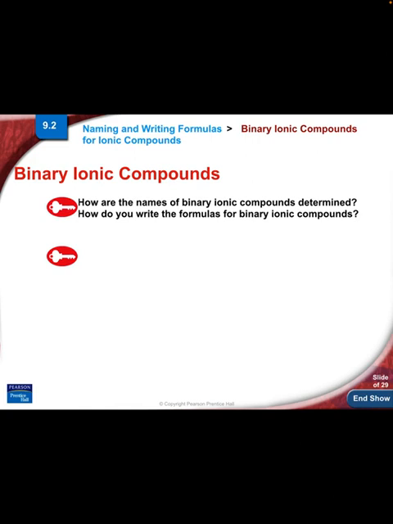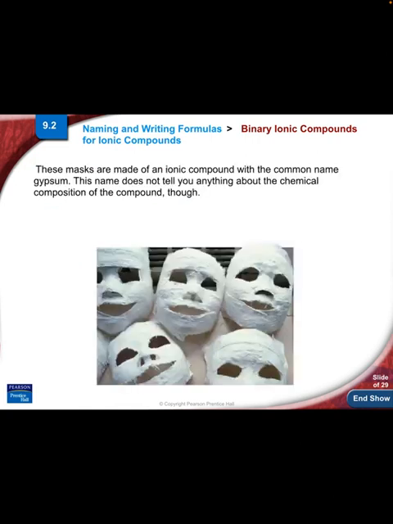Our goal, of course, is to write the names of binary ionic compounds and write the formulas for them as well. We want to write the formula given the name, and we want to be able to write or say the name given the formula.